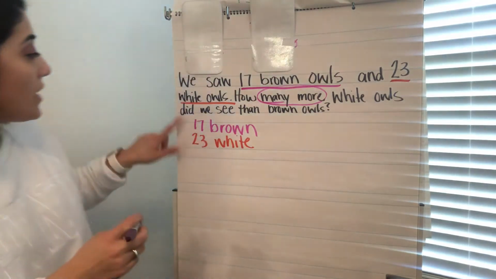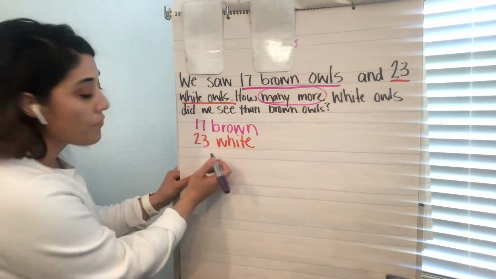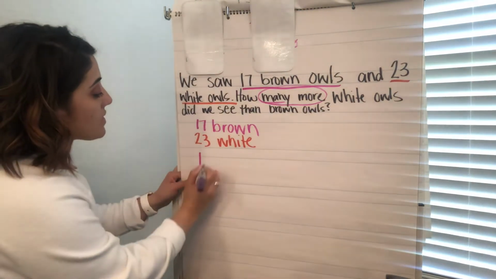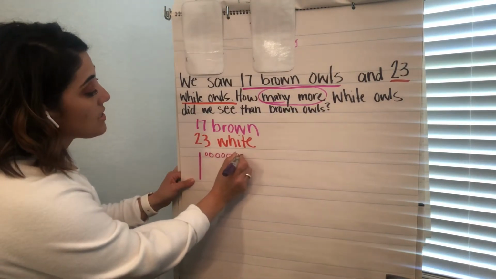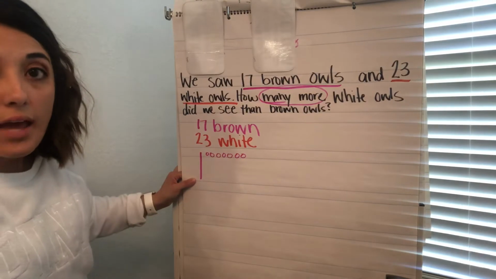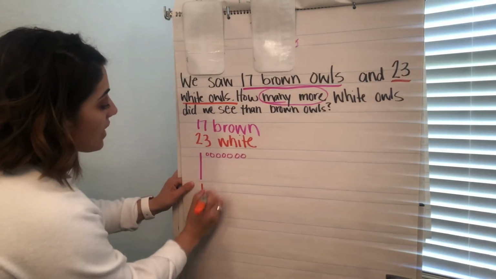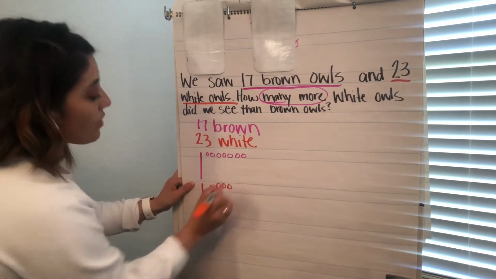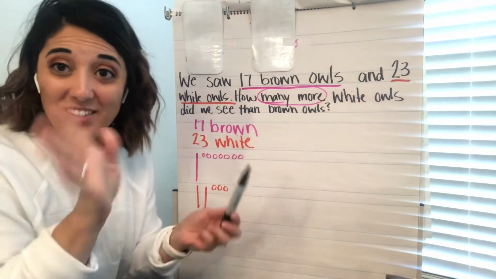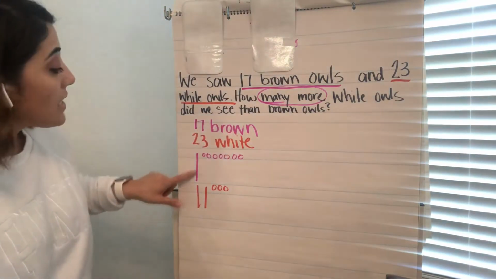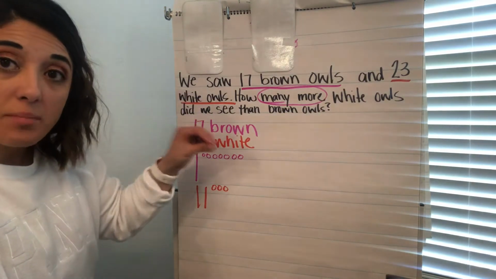So if I look here at the 17, I'm gonna show what it would look like if we just drew it out. And so we have 17, so I'm gonna make 17, 10, 11, 12, 13, 14, 15, 16, 17. And then I'm gonna make the white owls. So now I have 10, 20, 1, 2, 3. And so one of the things that your child can do, or hey kiddos, if you're watching, is that you can look and you can see where it matches up to be the same.